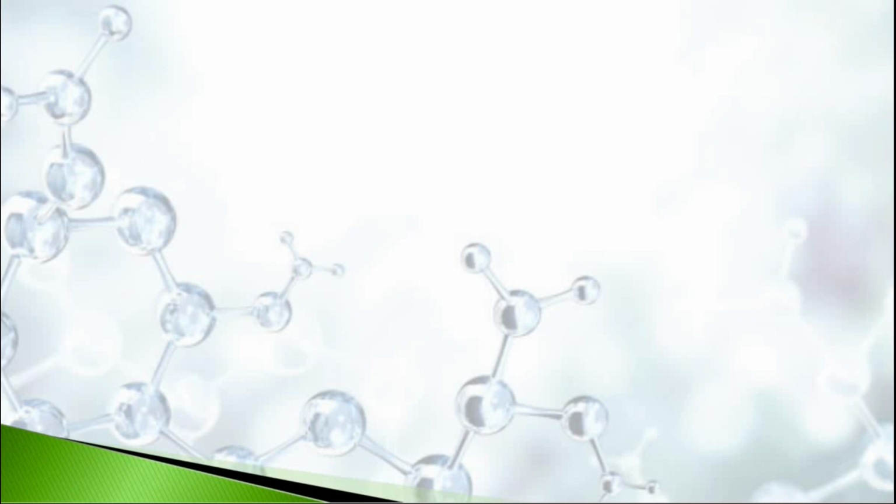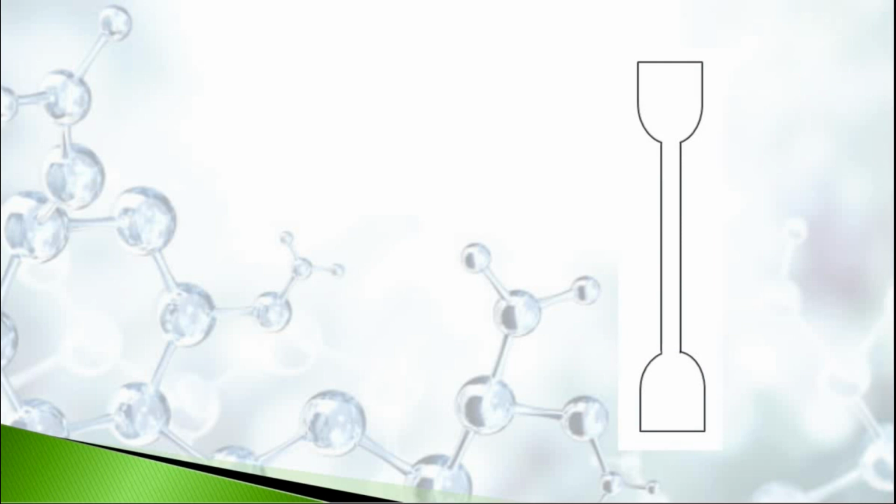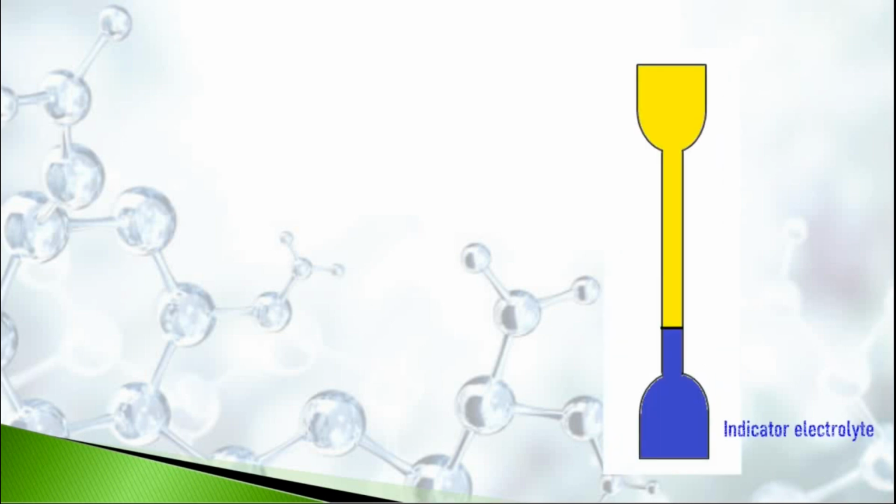Let us understand moving boundary method in detail. We take a vertical tube of uniform bore. It has thistle ends. Now indicator electrolyte and principal electrolytes are filled in this thistle tube. Indicator electrolyte, as we said earlier, has to be heavy or has to have higher concentration.